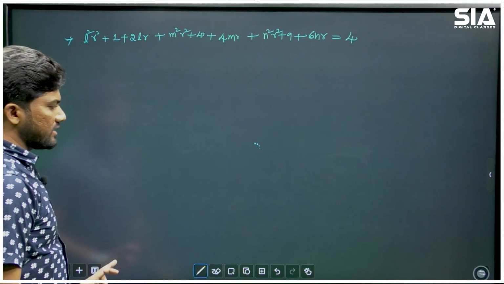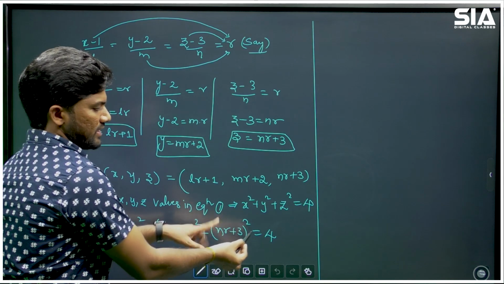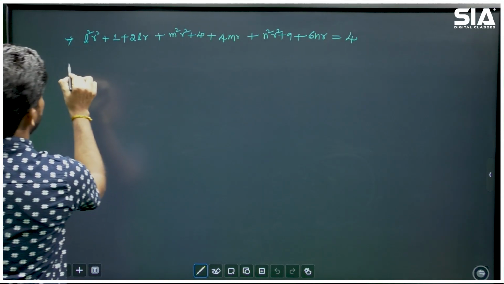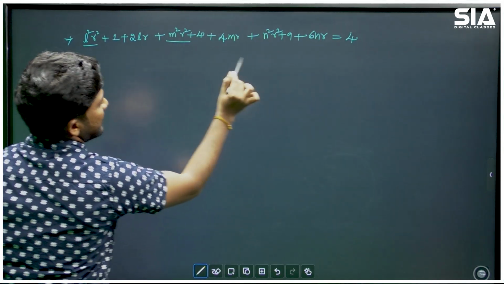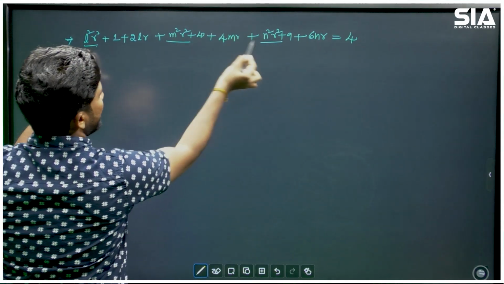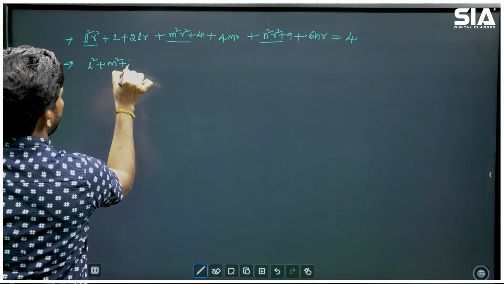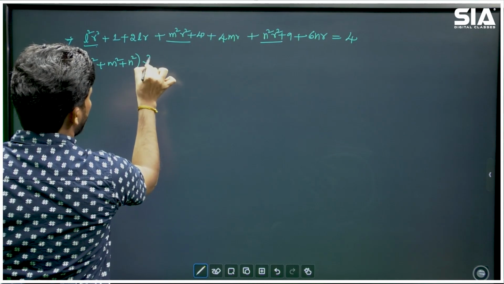Once again, cross check here. (LR plus 1), (MR plus 2), (NR plus 3) whole square is equal to 4. Now after applying the (a plus b) whole square formula, see how many r squares there are. Three r squares are there. So from these three values, take r square common: L square plus M square plus N square into r square.